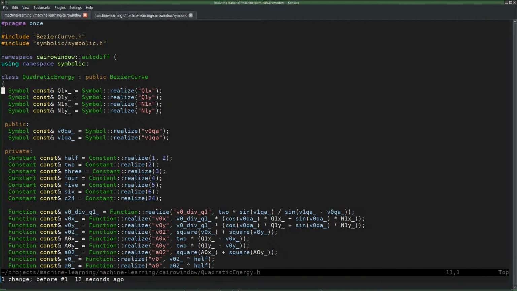Suppose you could pass some kind of postfix to the quadratic energy, which you don't add there.